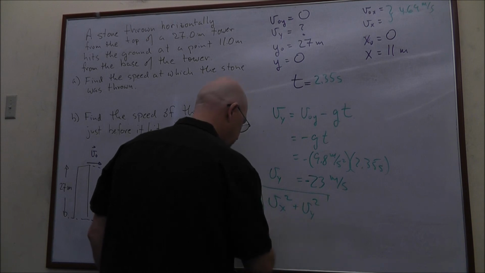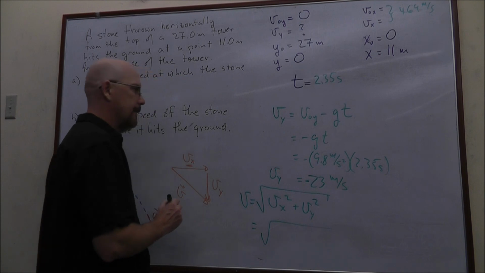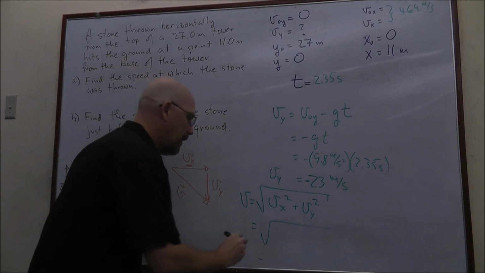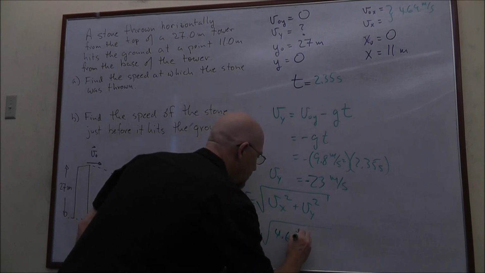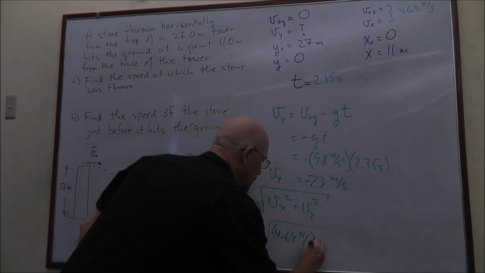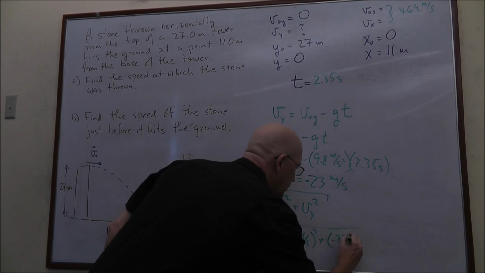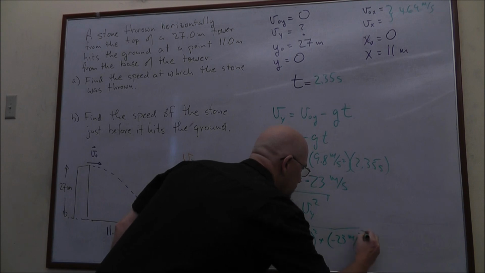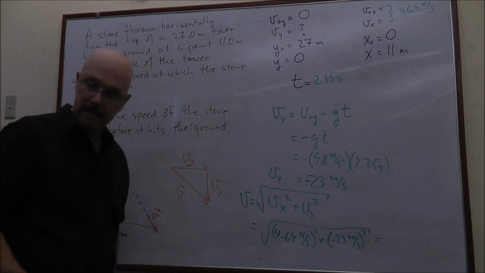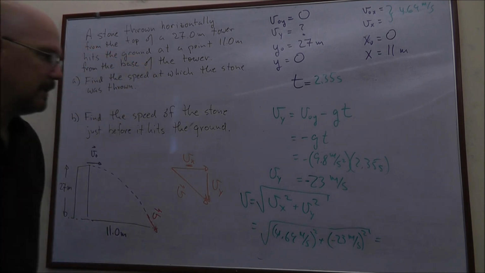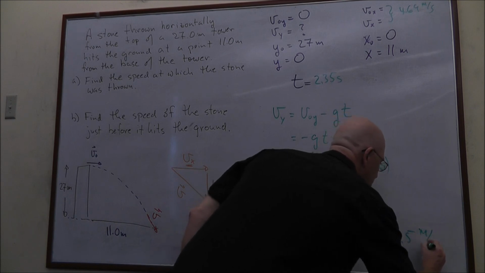Plugging in our numbers from the two parts of the problem, 4.69 meters per second squared plus 23 meters per second squared, and take the square root. When you get done with that, what you end up with is 23.5 meters per second.